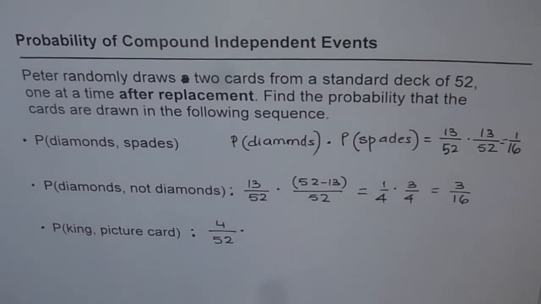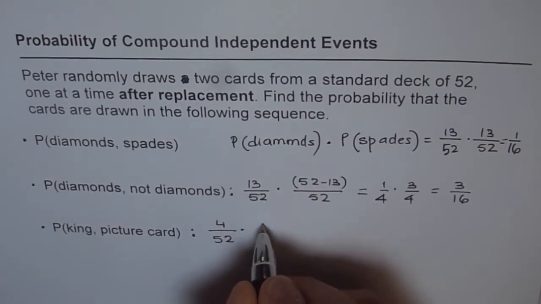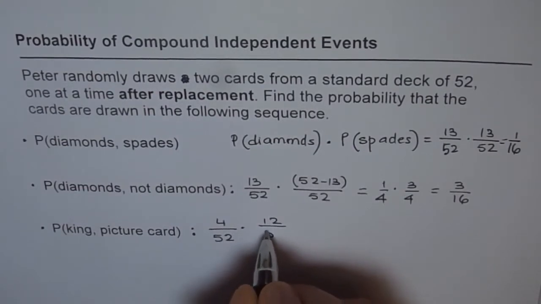And these are of 4 colors. Rather, I should say 4 suits. Spades, clubs, diamonds and hearts, right? So in all, how many picture cards do we have? We have 12 picture cards, right? 3 into 4. So it will be 12 over 52.